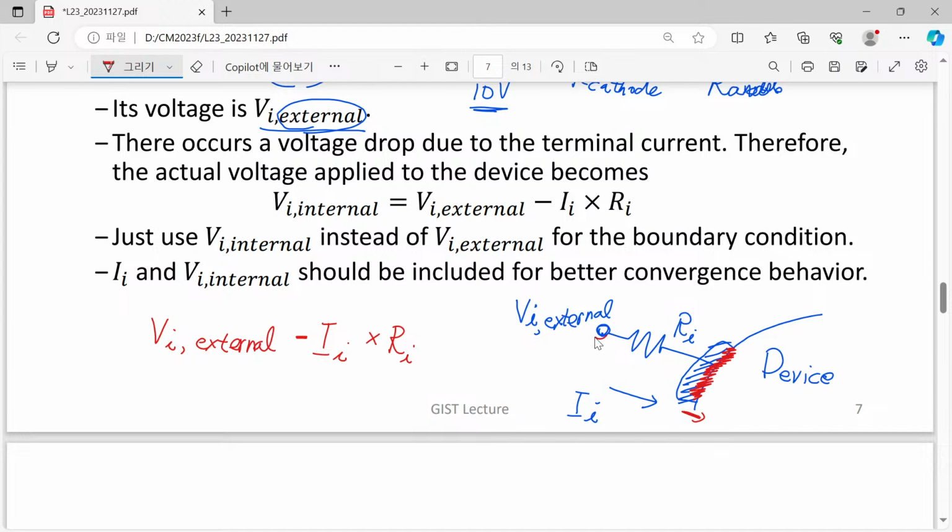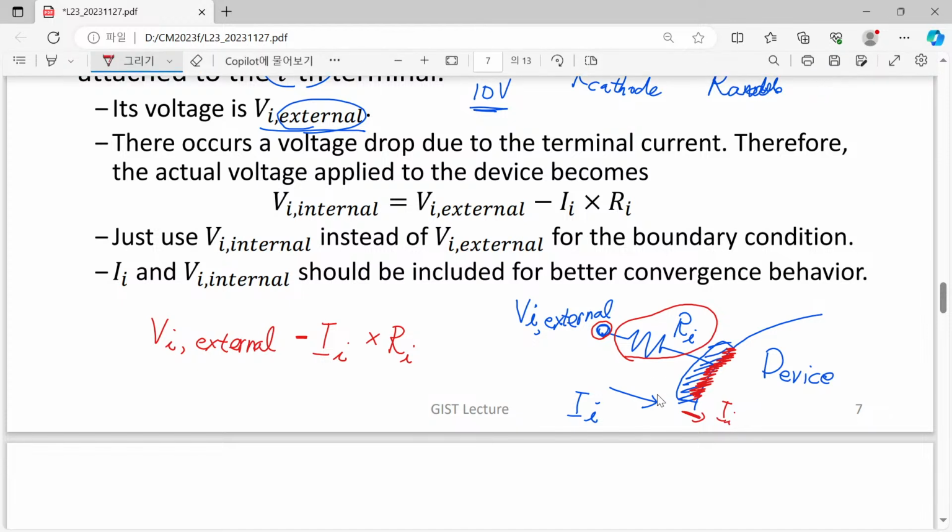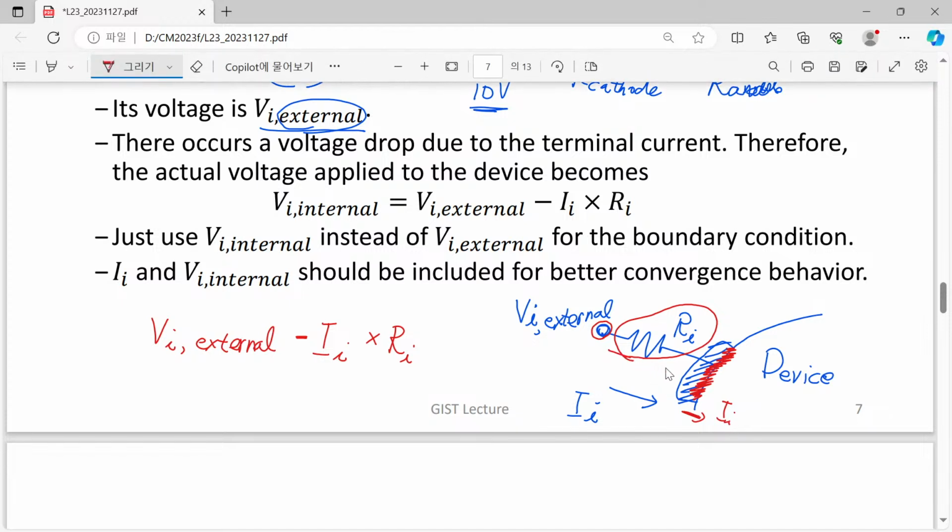However, between this node and our contact terminal, there is no other way to flow away. So all of the current Ii is kept over this path from the external voltage source to the internal terminal.